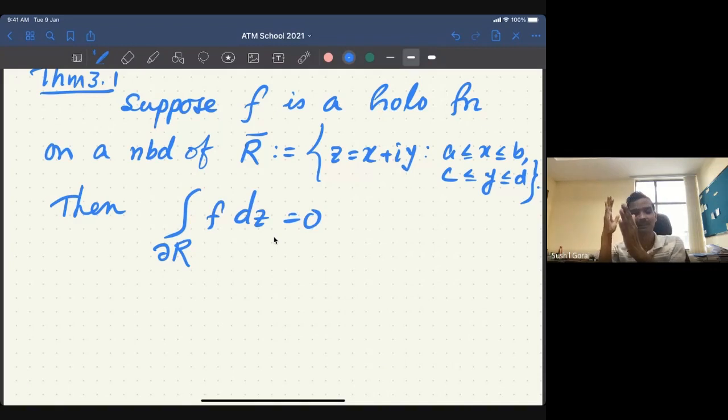You divide that again by half and keep on doing it, and make it so small that you can actually put that small interval inside one of the members of the open cover, and that would contradict the assumption.